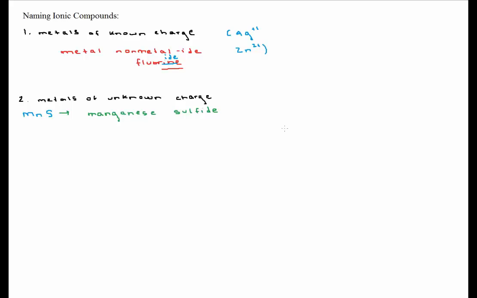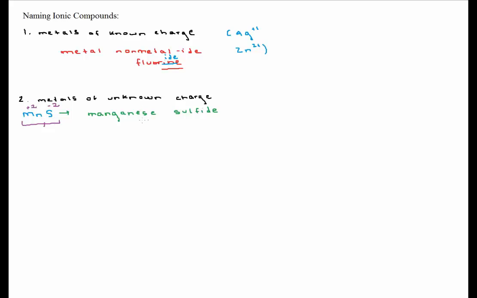If I were to just give someone manganese sulfide, they wouldn't know what the charge of manganese would be, and therefore they would not know the formula for this ionic compound. So I have to figure out the charge of manganese in this compound, and somehow write it in the name to let the person know. Well, sulfur has a -2 charge, and since ionic compounds are neutral, that means manganese must have a +2 charge.